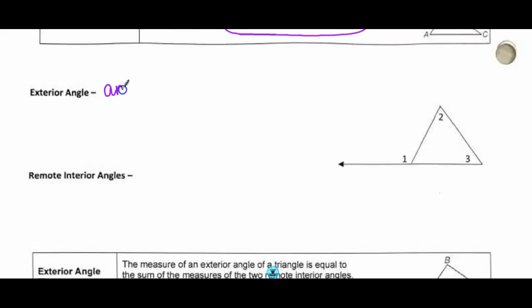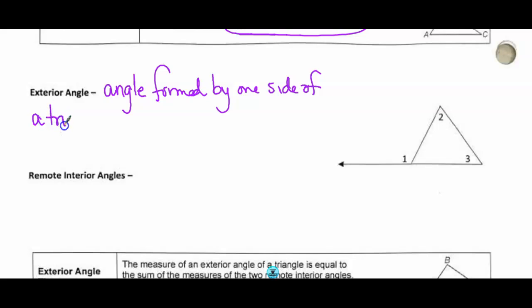This is the angle formed by one side of a triangle and the extension of another side.